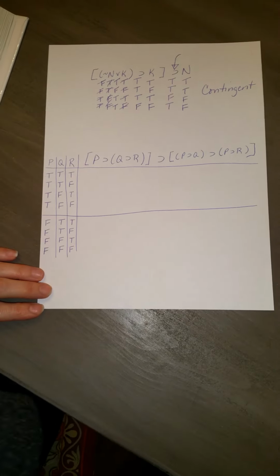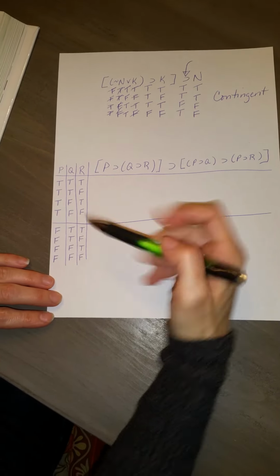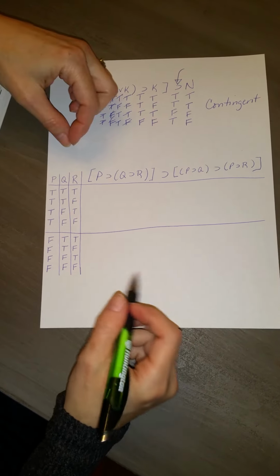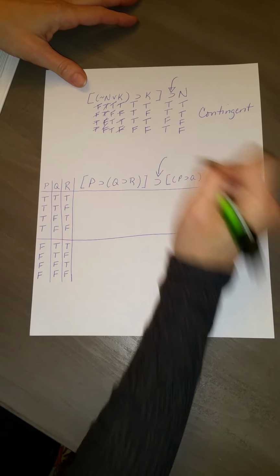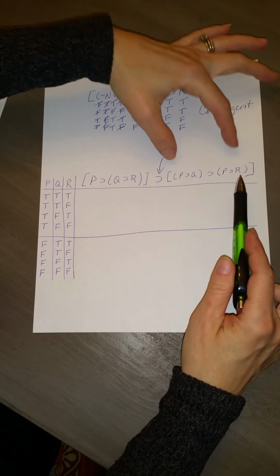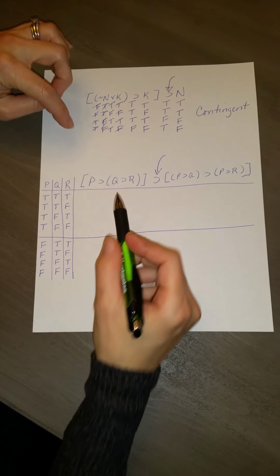And then the last one, for this one, I thought it would be easier just to set up the full truth table on this side, and then I'll just look over here to do the bigger statements. So the main operator is this horseshoe. So that means I have to do each side of this, and then the last thing we'll do is this column here.